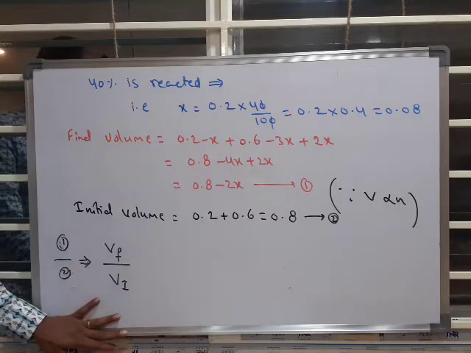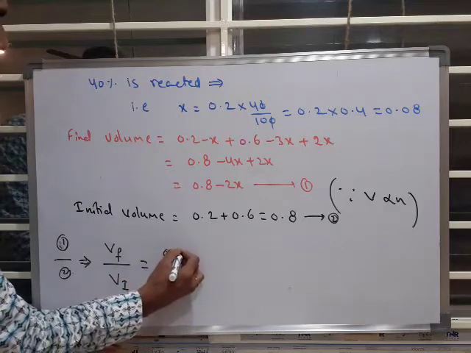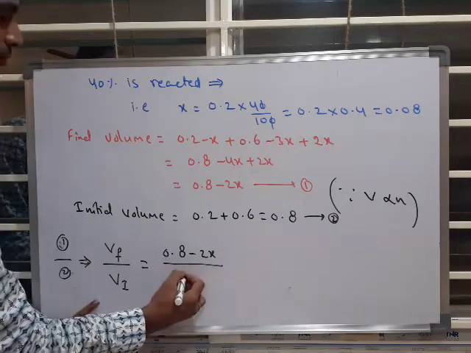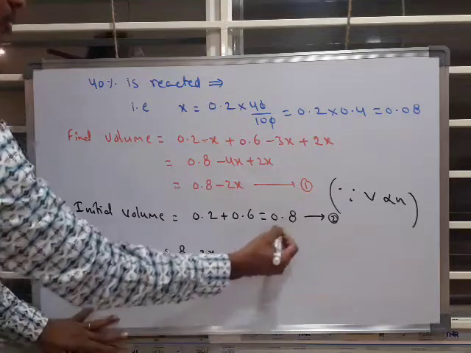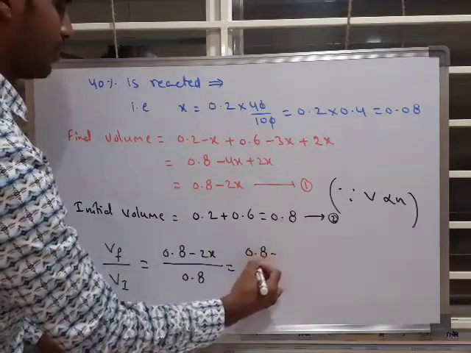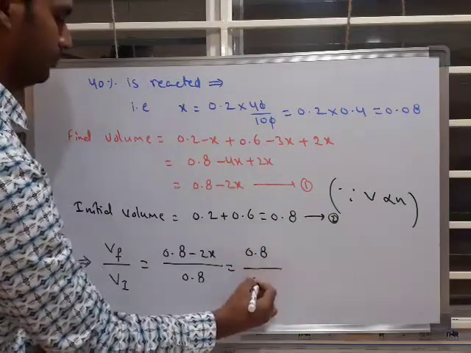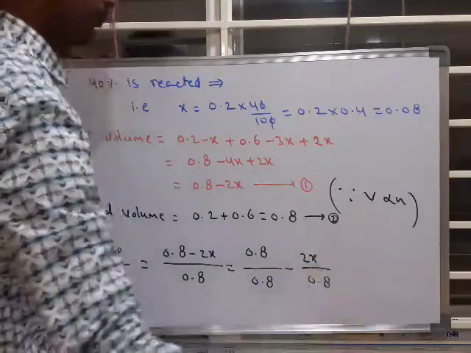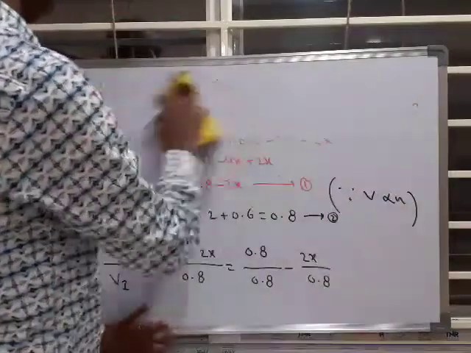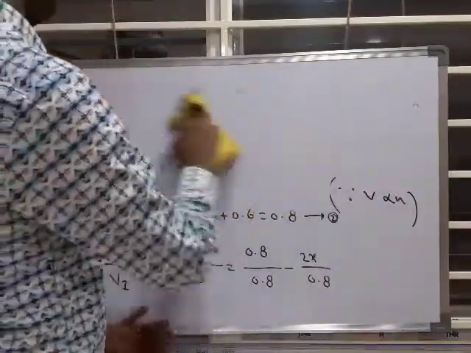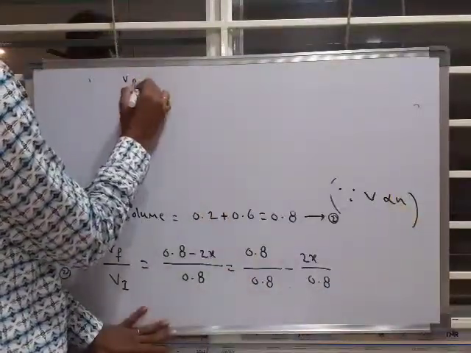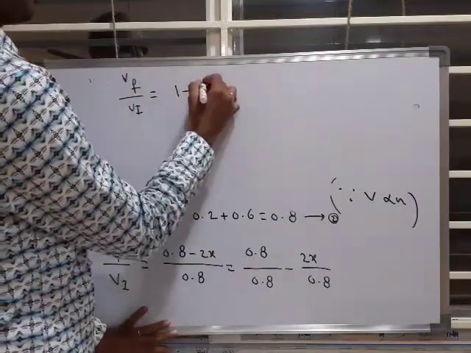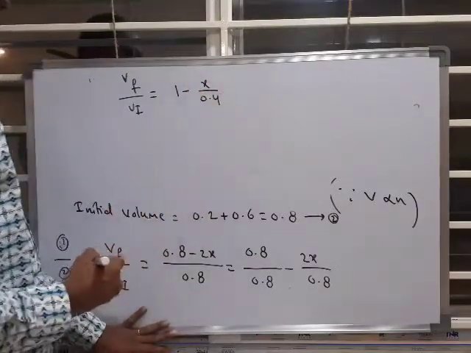Only the ratio is needed, which is equal to (0.8 minus 2x) by 0.8. So this is 1 minus x by 0.4.